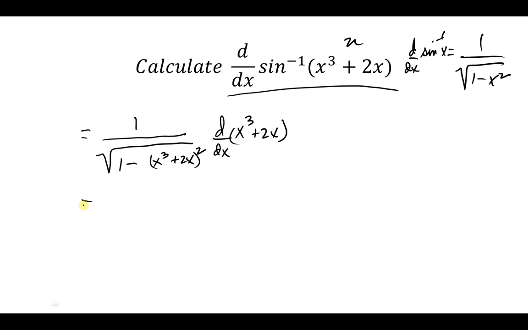And so this becomes 3x squared plus 2 divided by the square root of 1 minus (x cubed plus 2x) quantity squared.